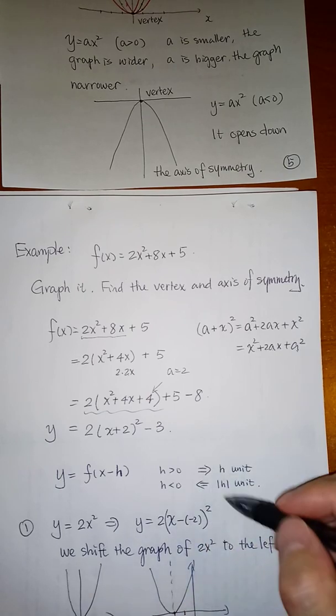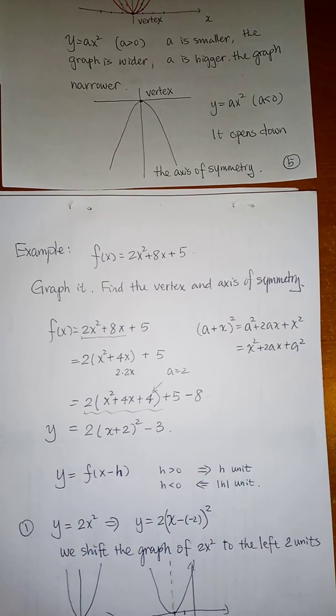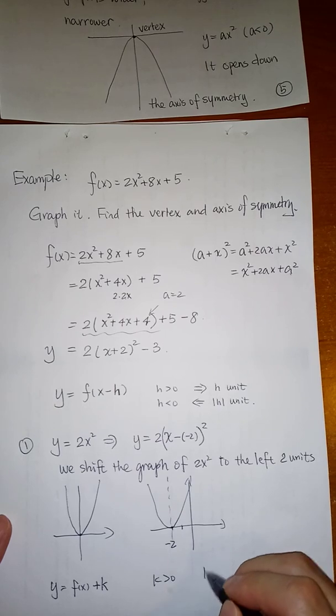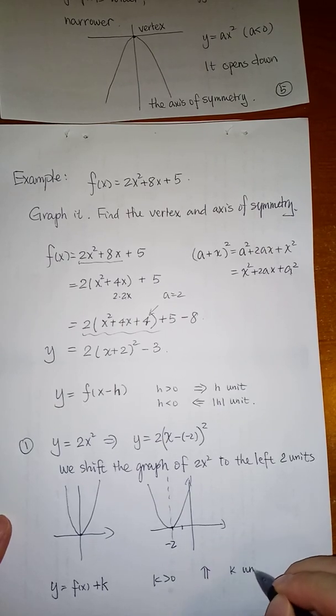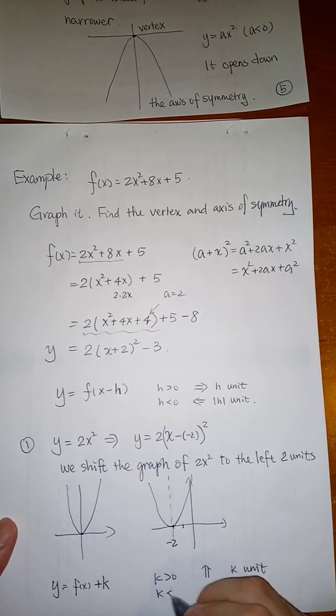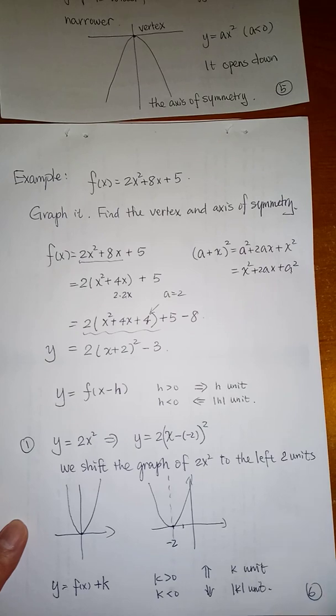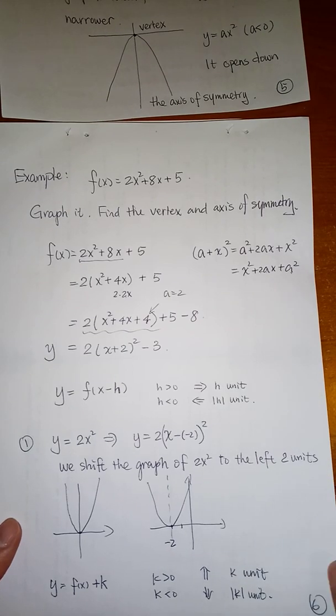And second, if you have f(x) plus k, if k is greater than 0, move upward k units. If k is less than 0, move down the absolute value of k units. Right? So this is the vertical shift.